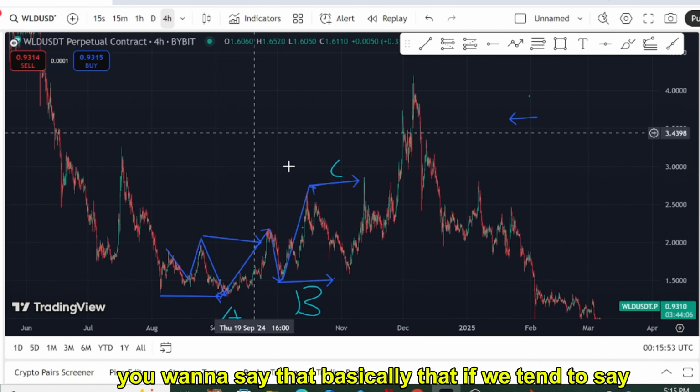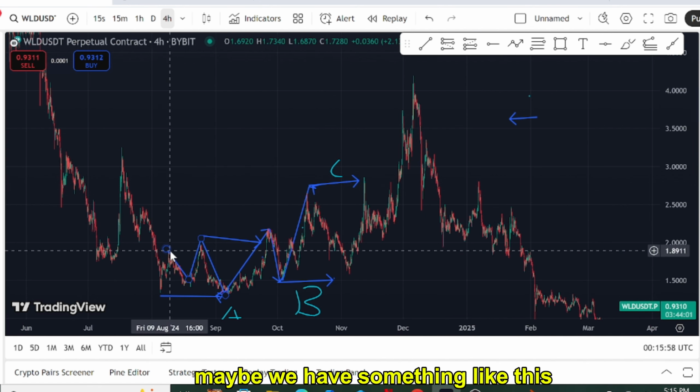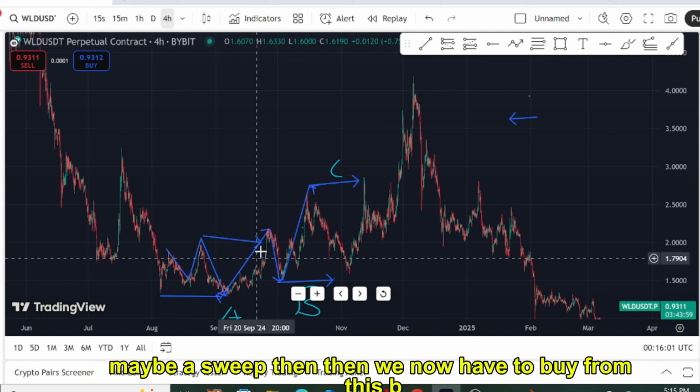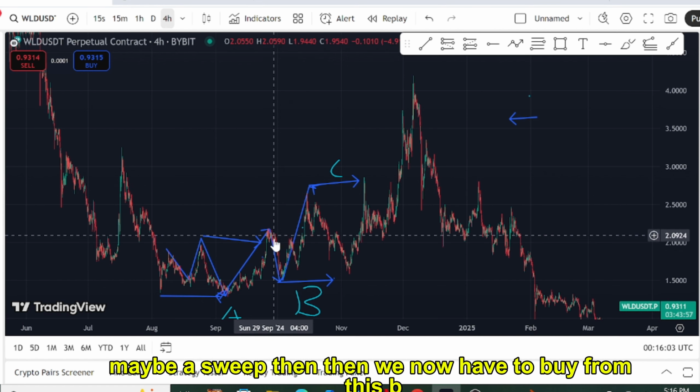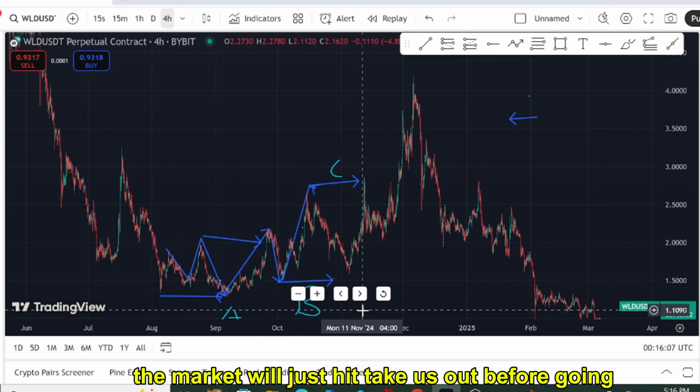Now you want to say that if we maybe have something like this, maybe a sweep, and we now buy from this B, what will happen, the market will just take us out before going.